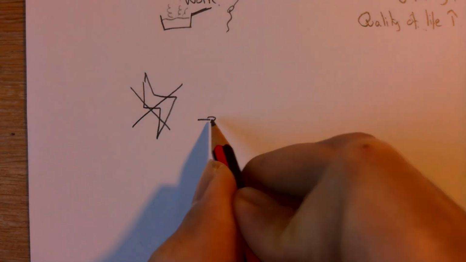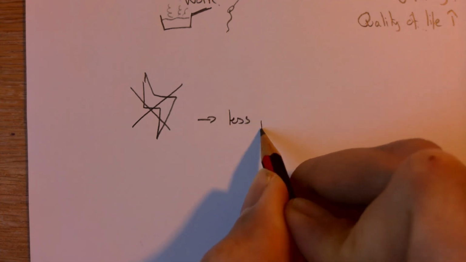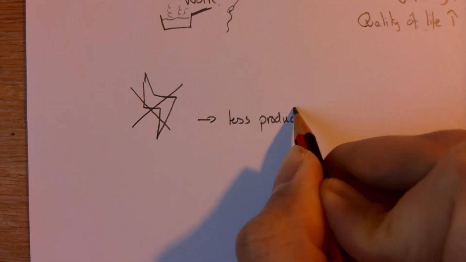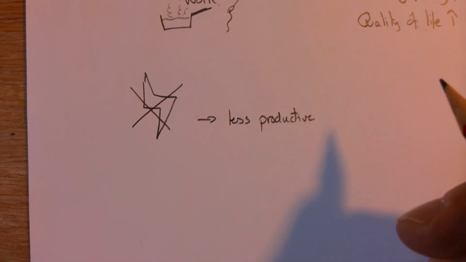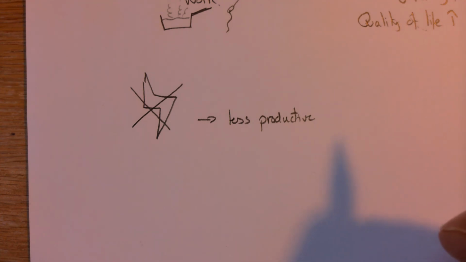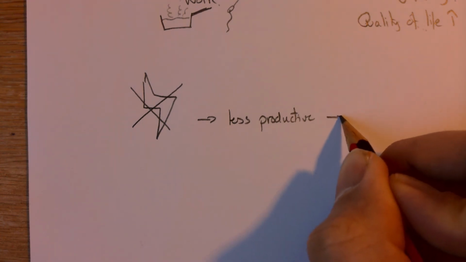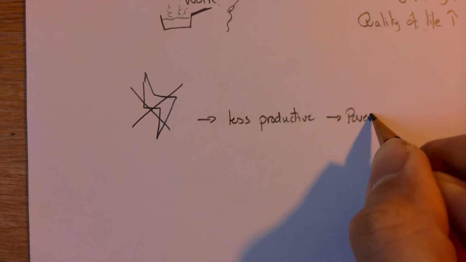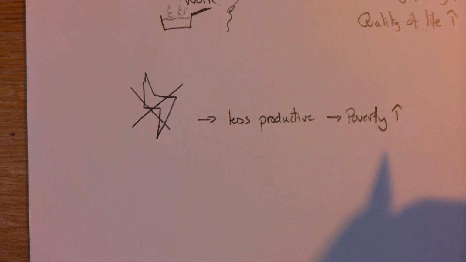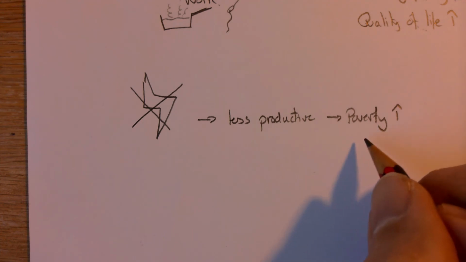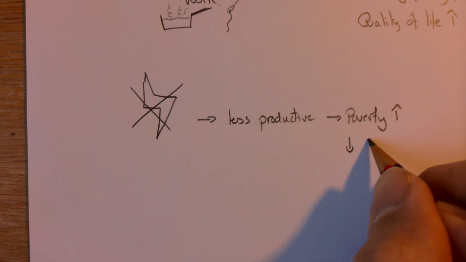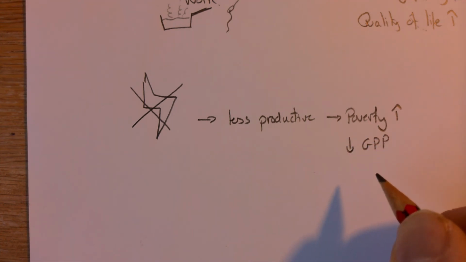Well, this means that a country will become less productive. So they're not making as much because the amount of working hours are reduced, but also the number of industries that can develop is lower. And this means that we are going to see a situation where poverty might increase. And that means that we get a decrease in the GDP.